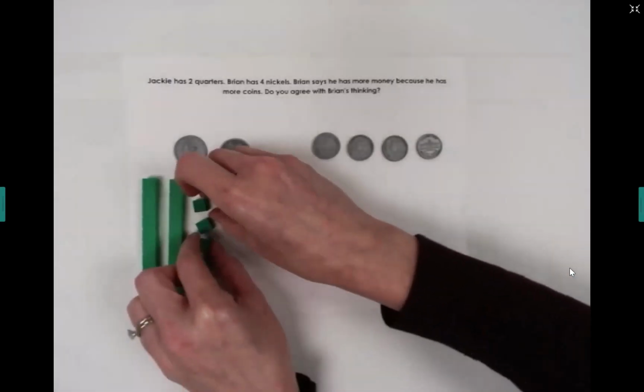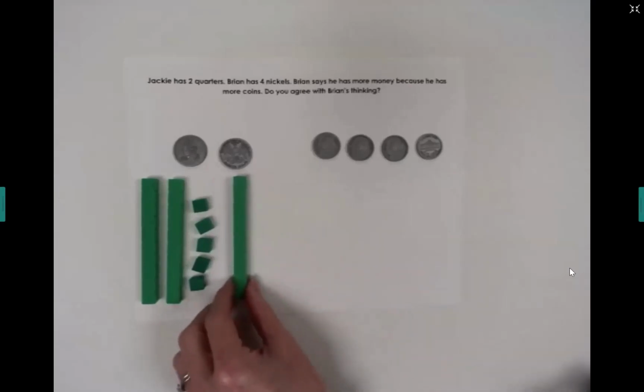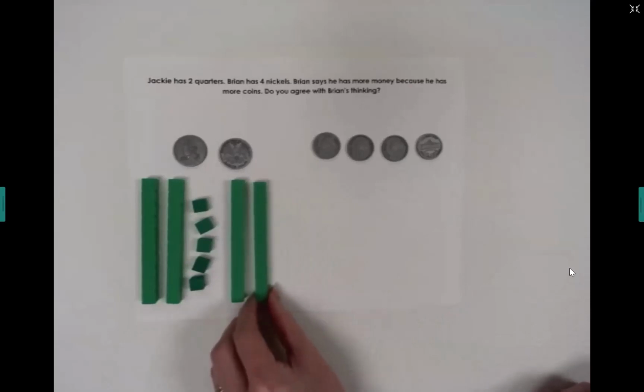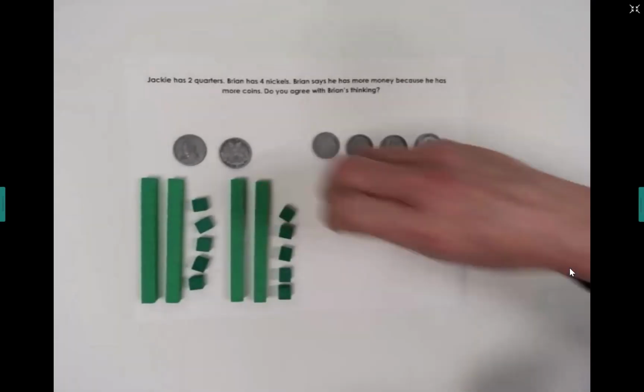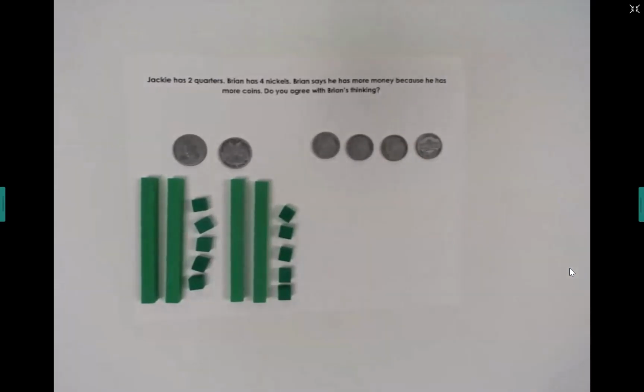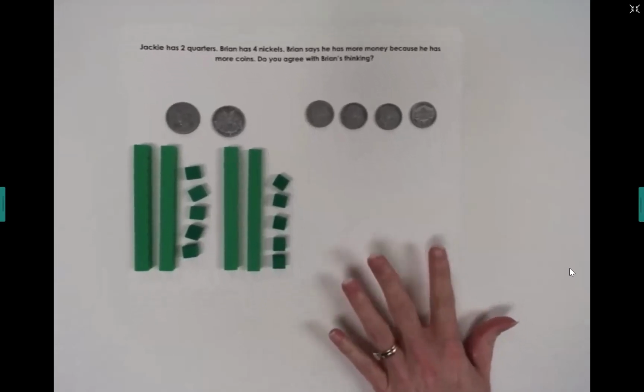Right? You can see we're bringing in that place value understanding from back in the first quarter of modeling with tens and ones. Jackie has 2 quarters, so I'm going to model that 25 cents again with 2 tens and 5 ones. Now I need to count the value of all of my base 10 blocks to determine the value of Jackie's set of coins.